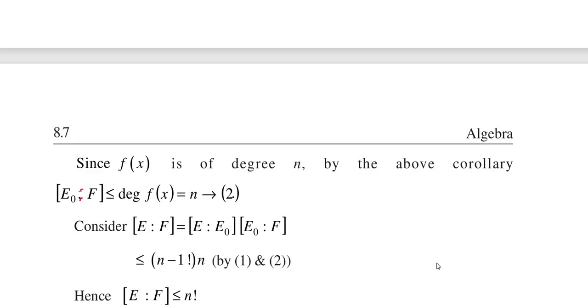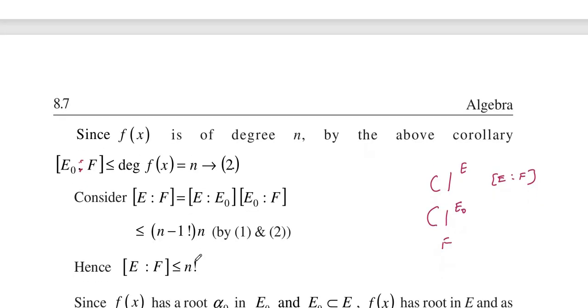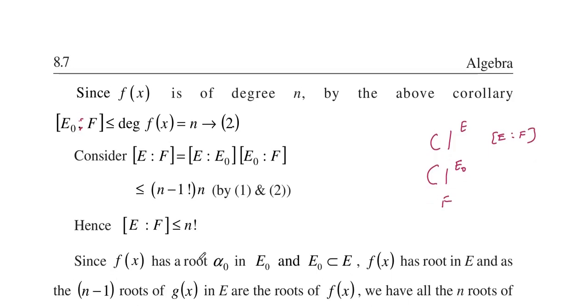Now what we have is the base field F, then an extension E naught, then an extension E. So the degree of E over F is the degree of E over E naught times the degree of E naught over F, which was established in the first section, that is in section 5.1. So we know this to be at most (n minus 1) factorial, and this to be at most n. So the degree of E over F is less than or equal to n factorial.